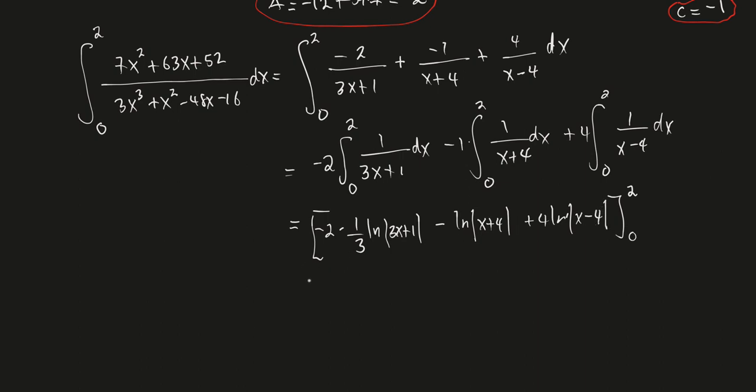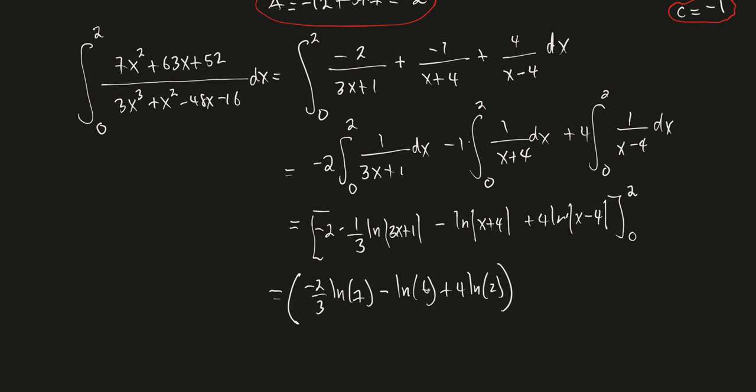All right, so let's see. So at the upper limit, we have negative 2/3 times the ln of 7, and then minus the ln of 6, and here I'm taking the absolute value as well. And then here we would have the ln of the absolute value of negative 2, but that absolute value changes it to positive 2, so plus the ln of 2.